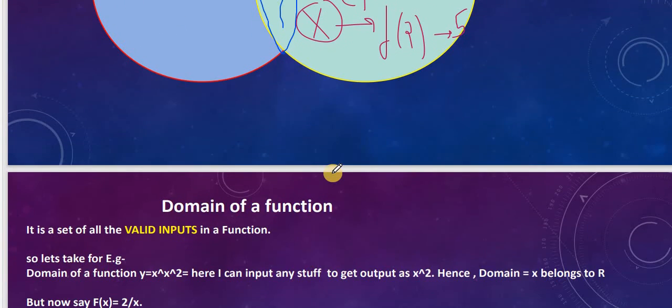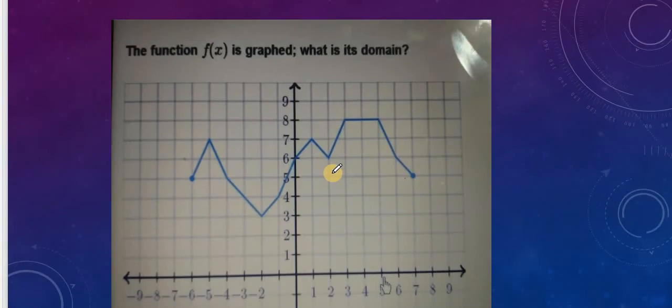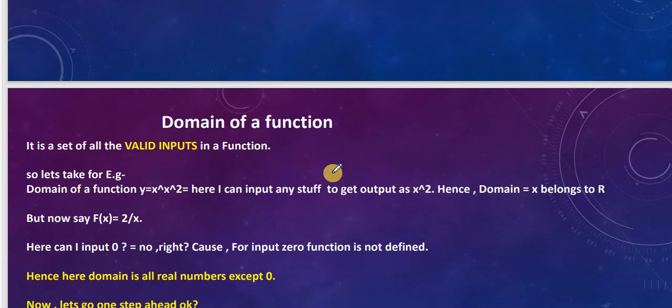Now further we have the domain of a function and the range of a function, which are very worth understanding. What is the domain of a function? The domain of a function is the set of all the valid inputs of a function.